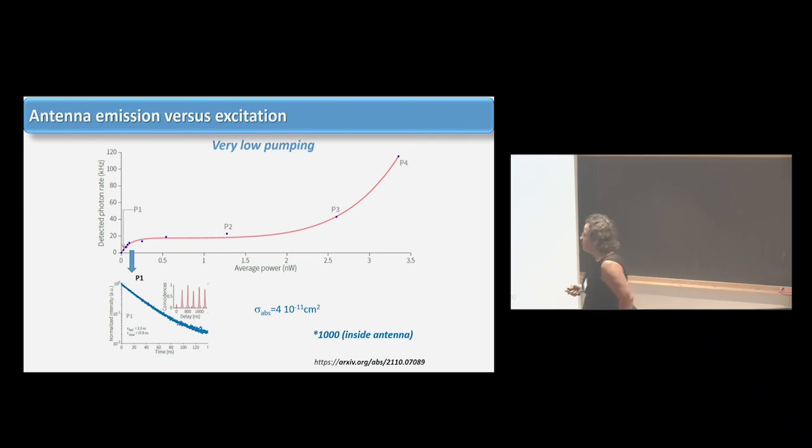So we repeated the same experiment as before. We increase the power, and we detect the number of photons, the intensity emitted by the antenna. And you see, you have the same curve. In fact, it's not exactly the same curve, because here you don't have microwatts, you have nanowatts. And you have the slope.